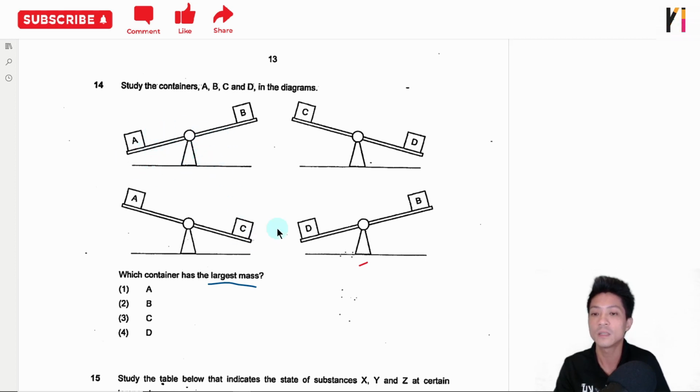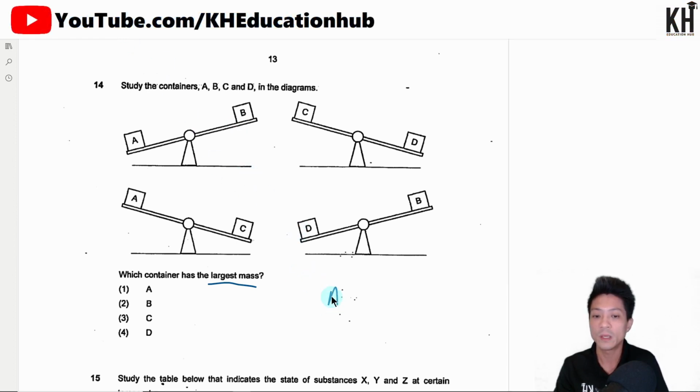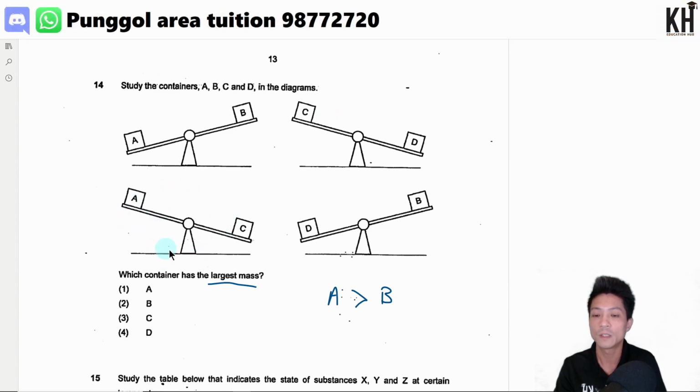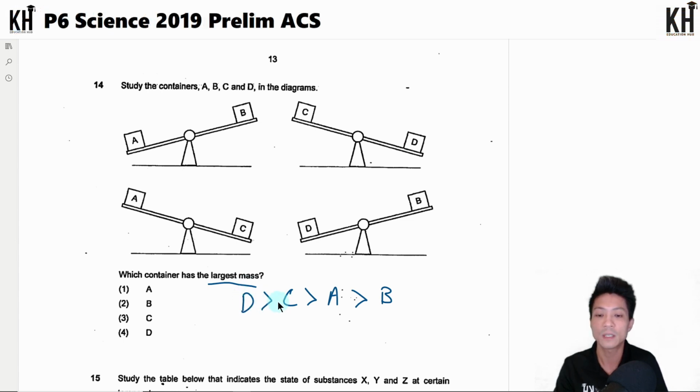The first option is telling me that A is heavier than B, so let's write down A is heavier than B. The second one is telling me that C is heavier than A. And then over here is telling me that D is heavier than C. So that means D will be somewhere here and it will be heavier than C. Let's check the last one.